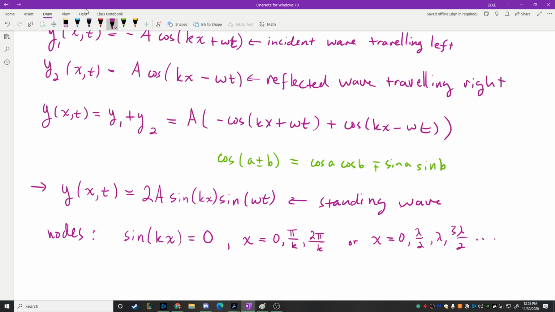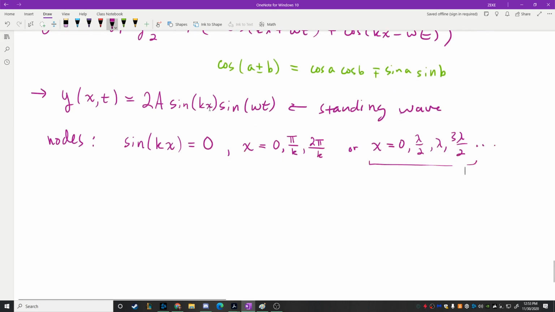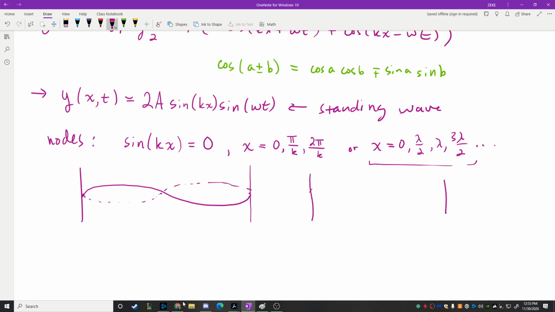So we know something about the positions of the nodes that are going to occur. And the other thing that we can say about this is if we consider these waves that are oscillating up and down, then we have basically waves that look like this. We have waves that are fixed between 2 points that look like this.